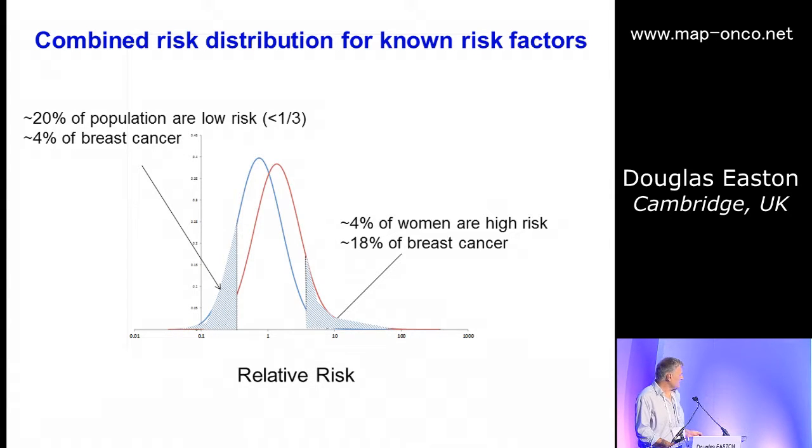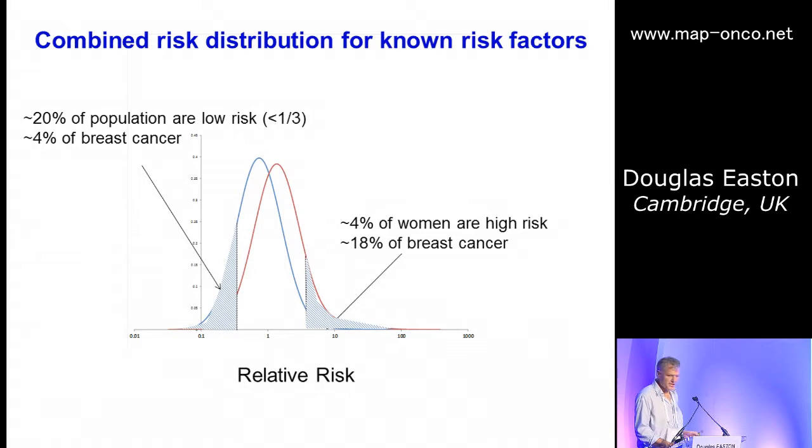At the other end, so these are women who might be eligible for MRI screening or chemo prevention. At the other end of the scale, you can identify about 20% of the population who have a risk less than a third of the general population risk, and they account for only about 4% of breast cancer.